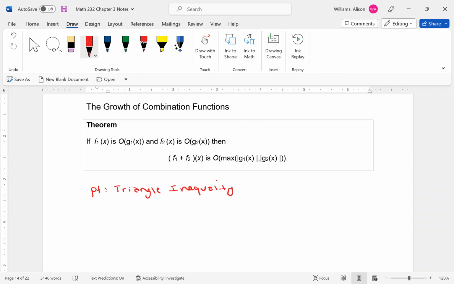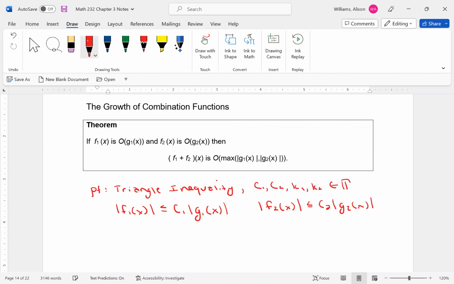Okay, so f sub 1 of x must be less than or equal to c sub 1 times g sub 1 of x. And same with f sub 2. We'll call it c sub 2 for g sub 2.